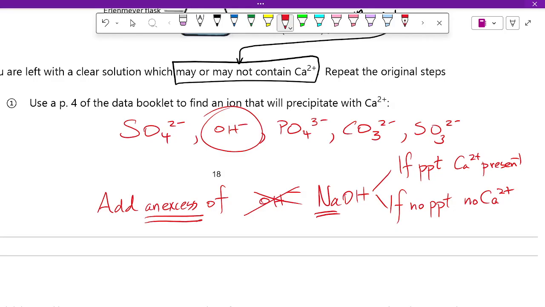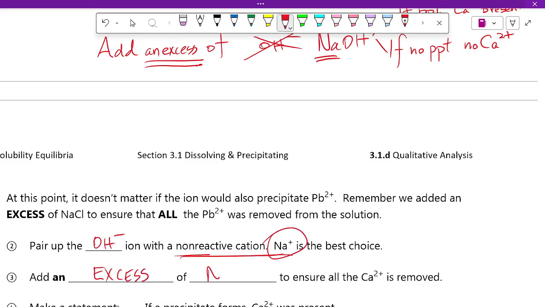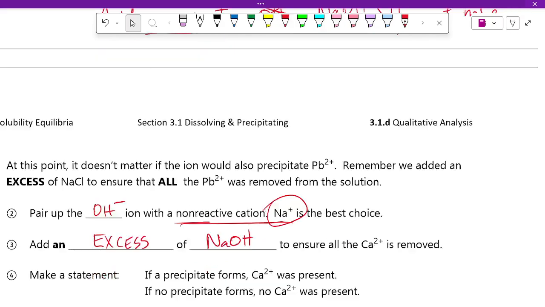Okay, now we're going to do the same thing, but for a mixture of negative ions. This basically just walks you through the whole thing. You need to pair up the OH minus ion with a non-reactive cation. Na is the best choice. So you add an excess of NaOH, and then you make a statement if a precipitate forms.